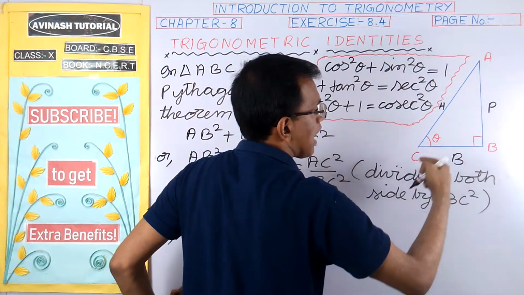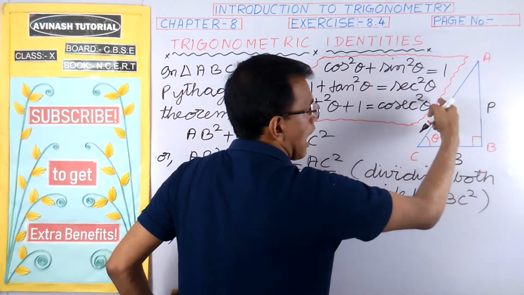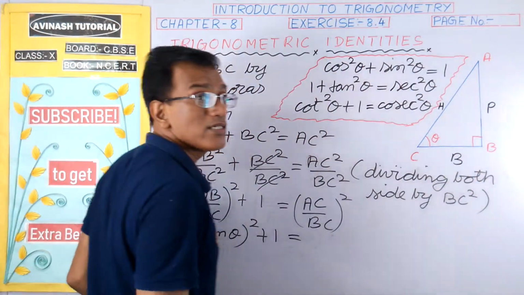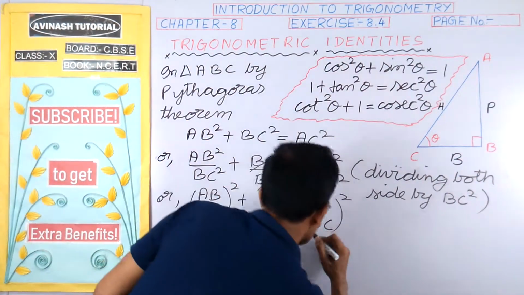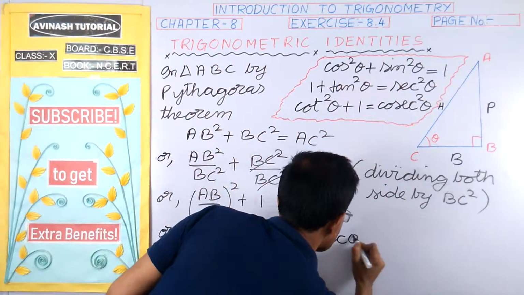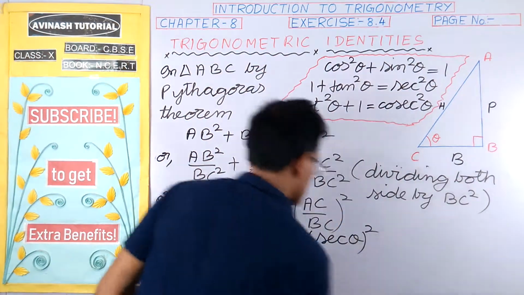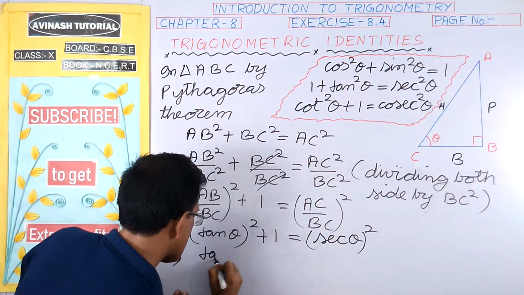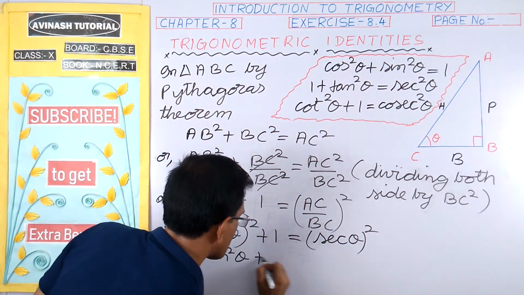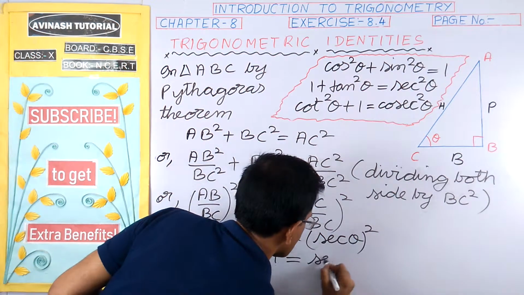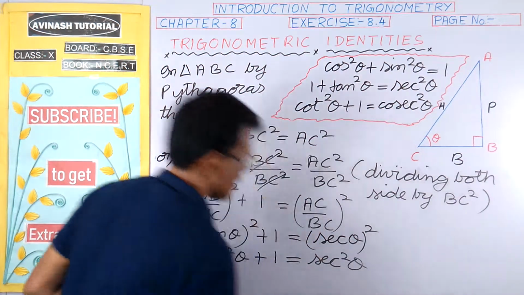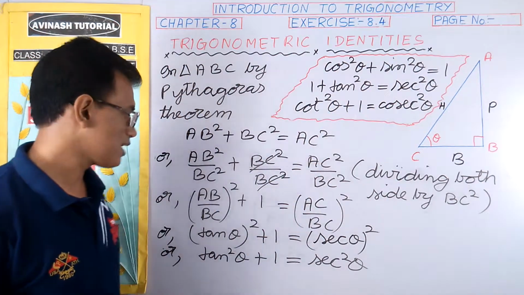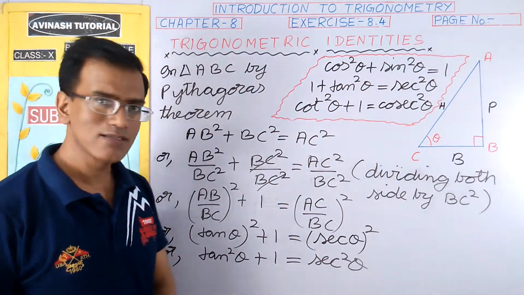AC by BC, hypotenuse by base, is called sec theta. So we will get sec theta whole square. We can write this as tan square theta plus 1 is equal to sec square theta. So we got the next identity: 1 plus tan square theta is sec square theta.